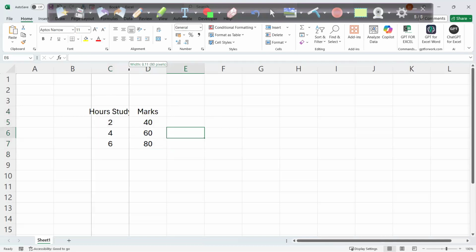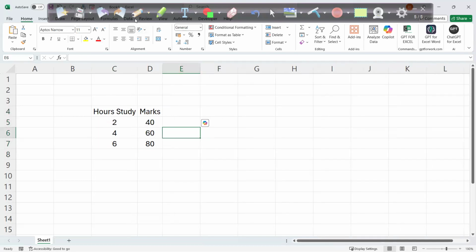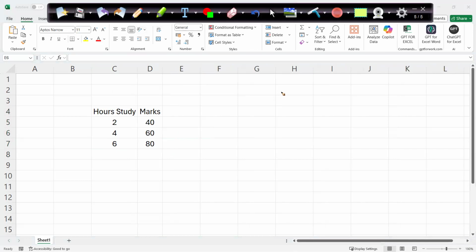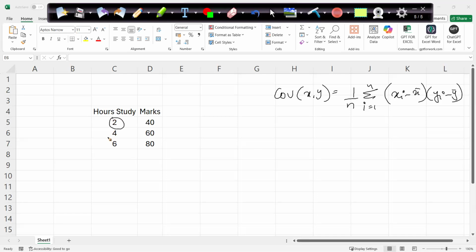What was the formula for the covariance? The covariance between x and y is 1 upon n, summation of i equal to 1 to n, xi minus x bar into yi minus y bar. These are my xi's, these are my yi's, right?